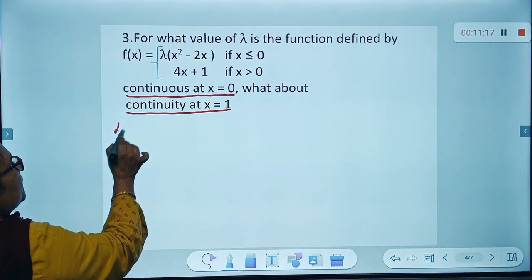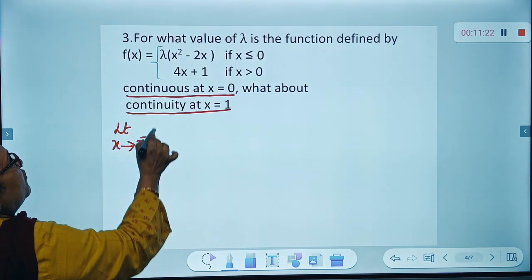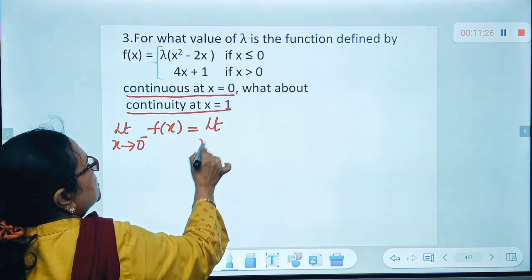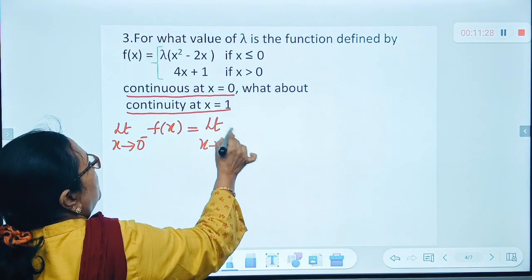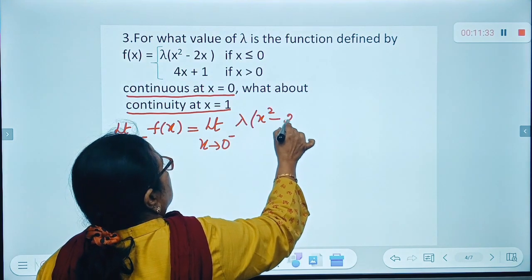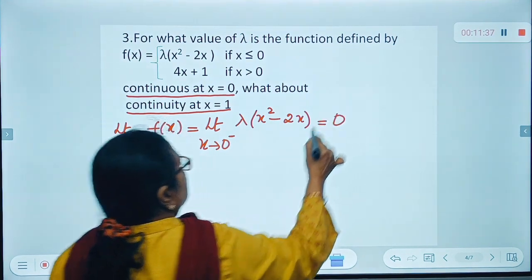So let us find limit x tends to 0 minus of f of x. That will be limit x tending to 0 minus of lambda times x square minus 2x. When I put x as 0, this is going to become 0.